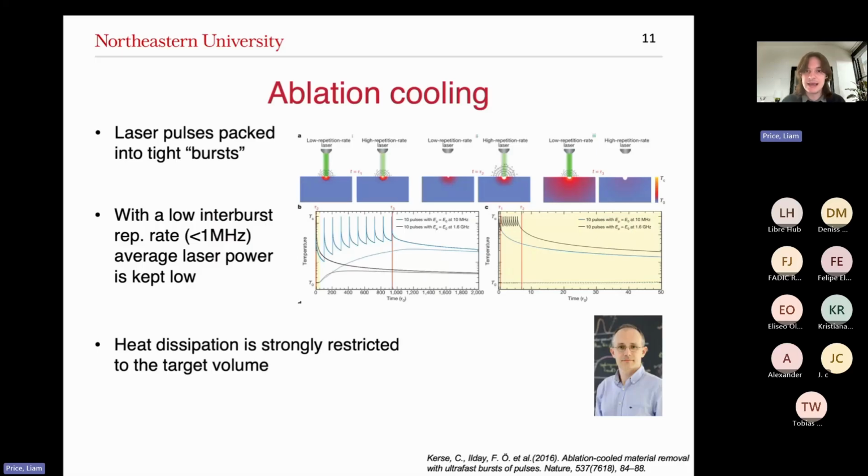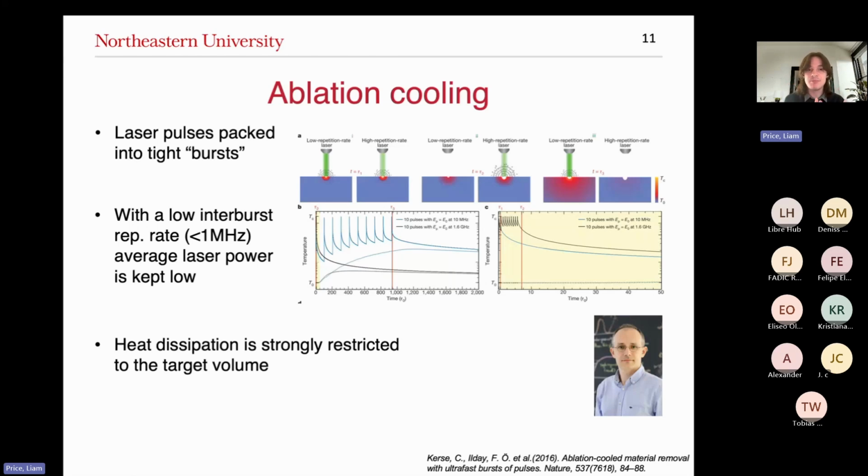Well, Omir Eldai, as I mentioned, over at RUR, is an ablation expert, and he developed this idea of ablation cooling. In this method of ablation, you manipulate the laser pulse train, where you take all of the laser pulses and tightly pack them into what are called laser bursts.